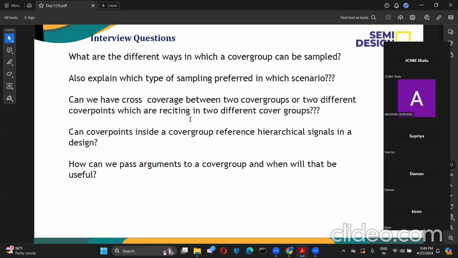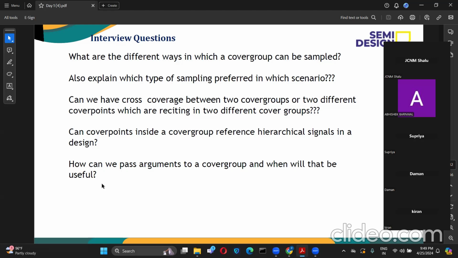Okay. Then, can cover points inside a cover group reference hierarchical signals in a design? Means, can any hierarchy be used in the cover points? Yes, it is possible by giving a hierarchy. I have taken one example after this slide. You can observe that. Now, how can we pass arguments to a cover group, and when would that be useful?